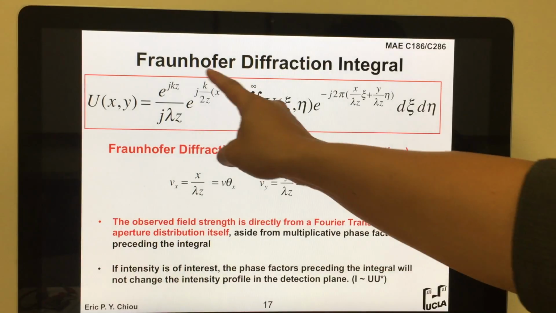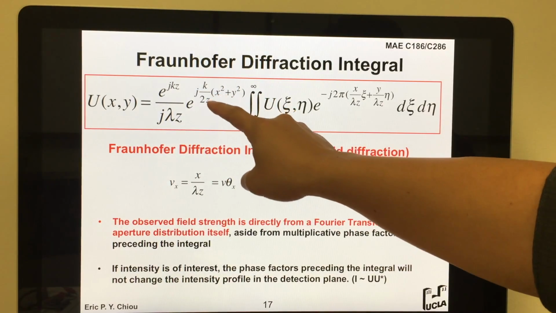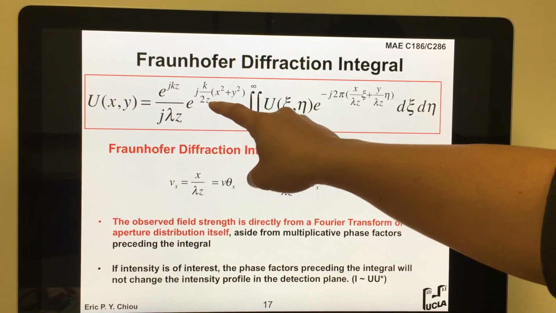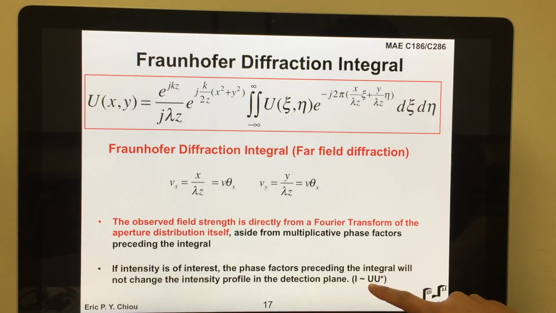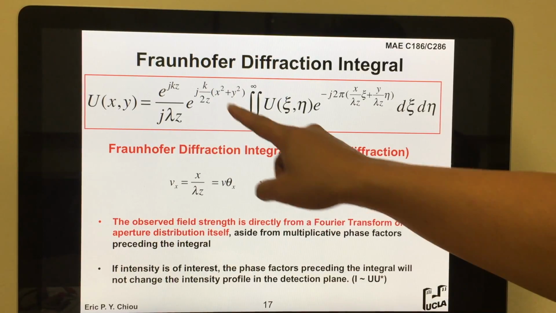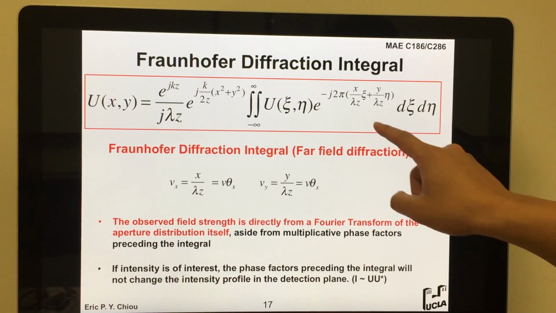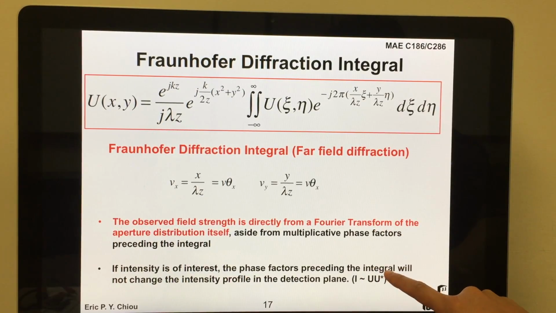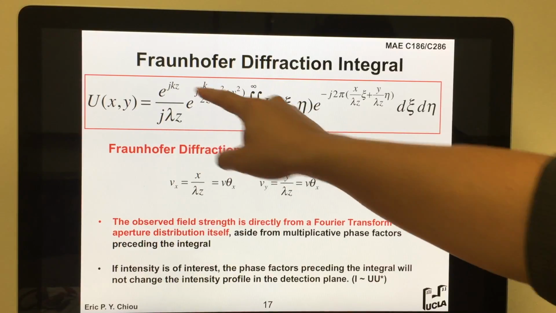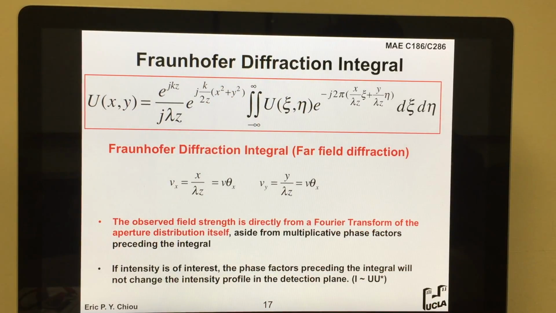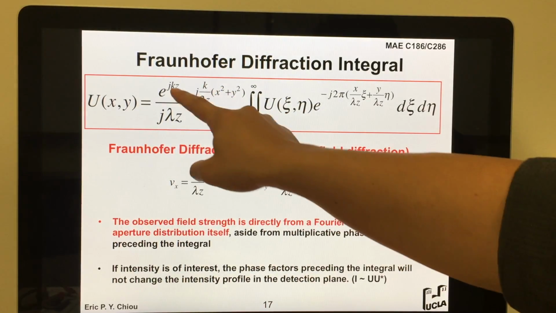In front of the integral, you have this phase term. But if what we care about is the intensity, when you calculate intensity you multiply the amplitude with its complex conjugate, and this phase term is cancelled out and becomes 1. So it doesn't matter what it is.